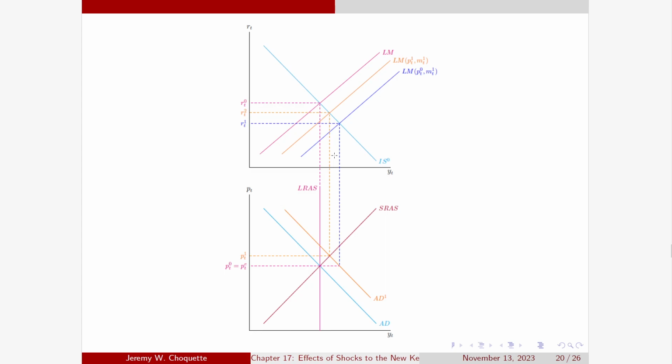I don't want to say shock. There's only one shock, and the rest are just movements in response to the shock. So the LM curve moves in until we can draw this dotted line down from where IS and LM are in equilibrium to where aggregate demand and short-run aggregate supply are in equilibrium. This gives us a price level of P1 and a real interest rate of R2.